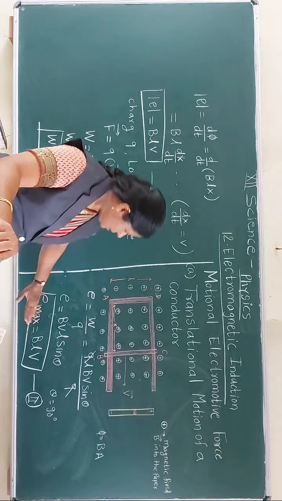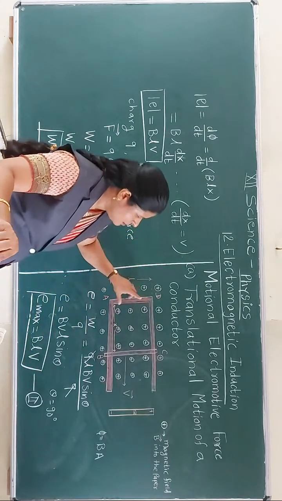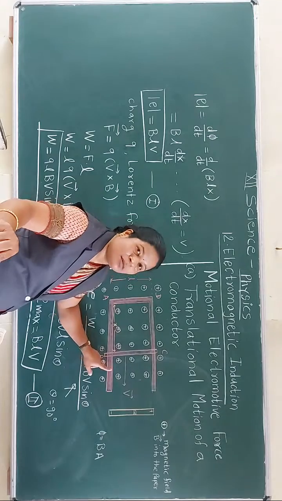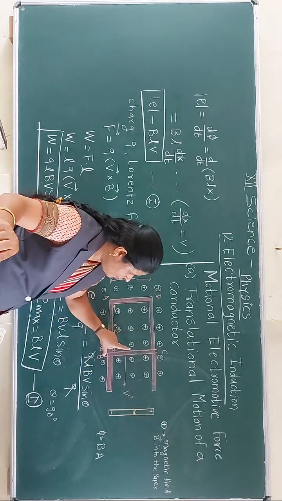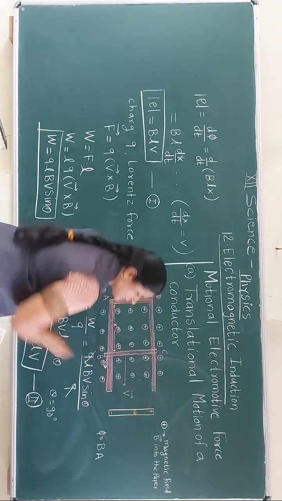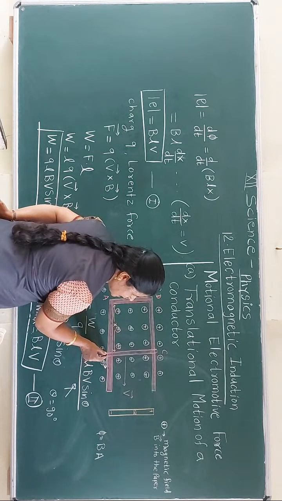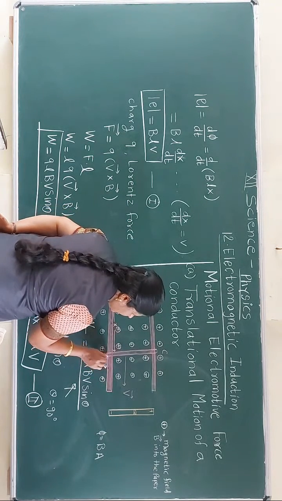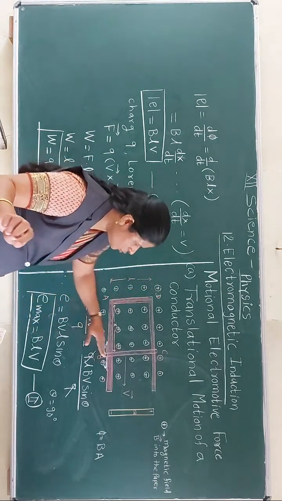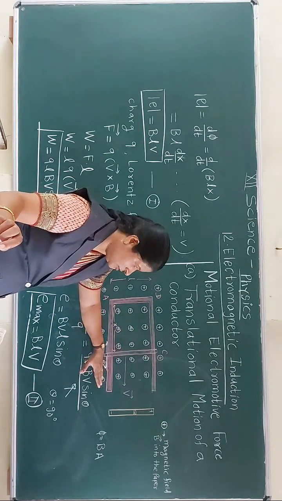So we get E is equal to B L V when there is a translational motion of a conductor. This side BC has a translational motion. That means this side BC will move in forward or backward direction.